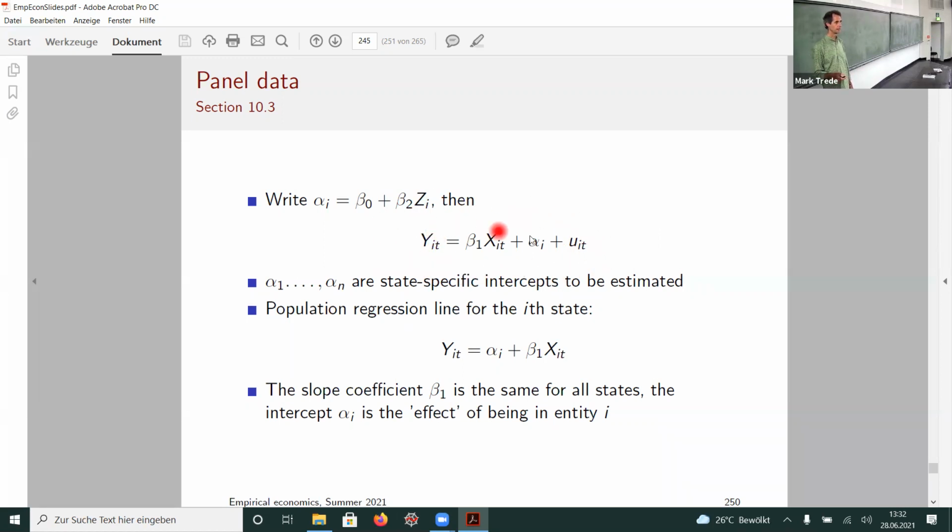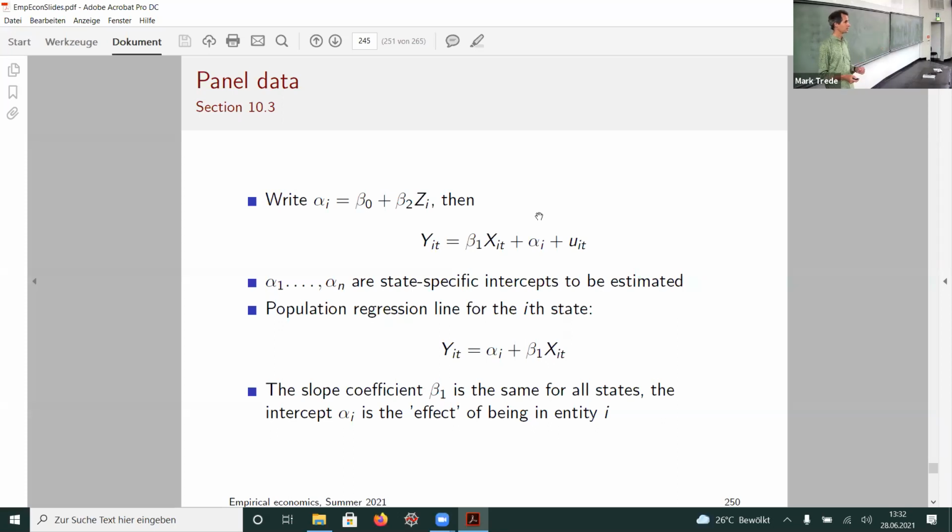And we can see here that essentially using these time invariant regressors means nothing else than the intercept is different in each state.